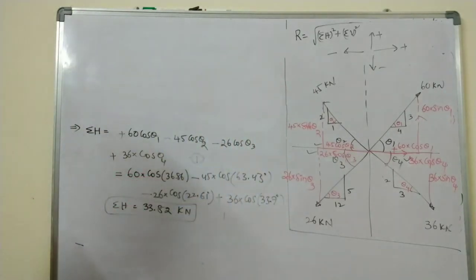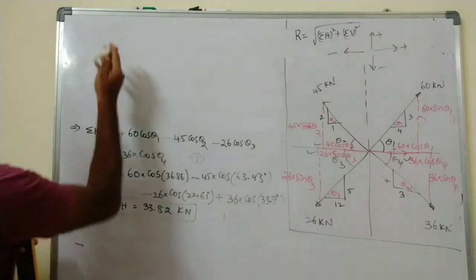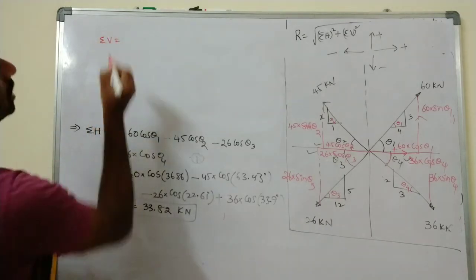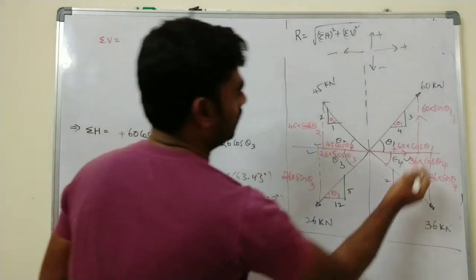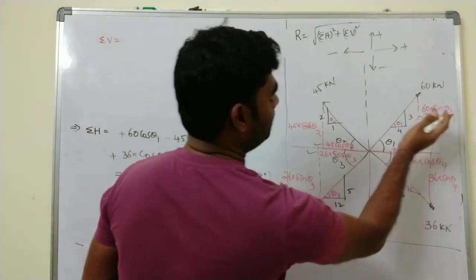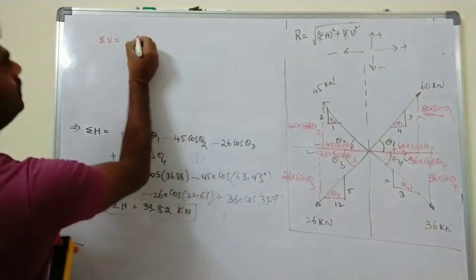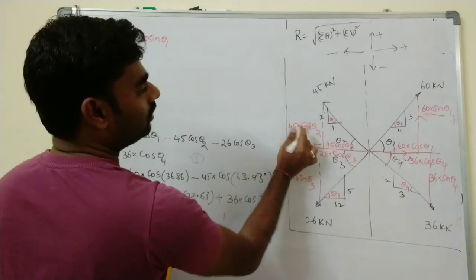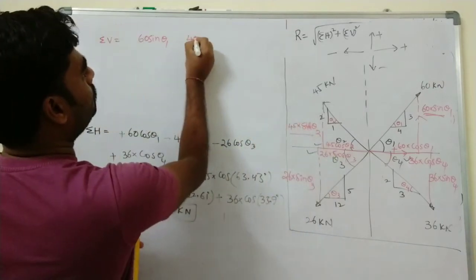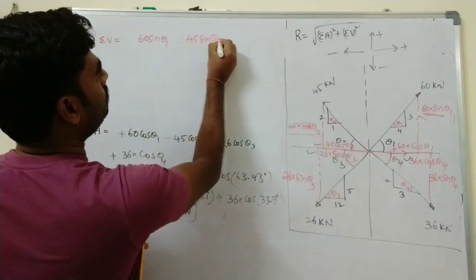Please see the procedure for how to calculate the sigma V value. Sigma V equals the summation of all vertical forces. Then 60 sin theta 1, starting from 60 kilonewtons. Next 45 sin theta 2.